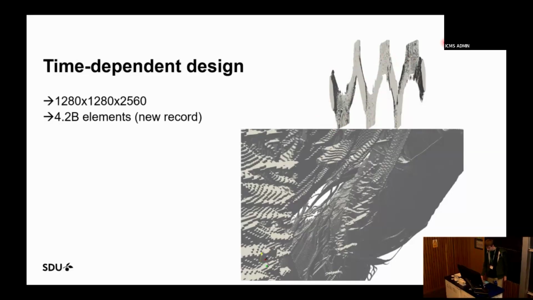So that gives us 4.2 billion elements. And I'm told that this is a new record for the most elements in a topology optimization problem. The previous record holder was like 1 billion elements, if I'm not mistaken. And so this is also around 4 billion DOFs. And this was run on around 25,000 cores. And for this, we were able to do topology optimization in around 52 minutes.